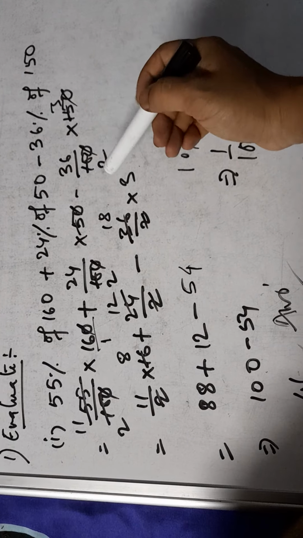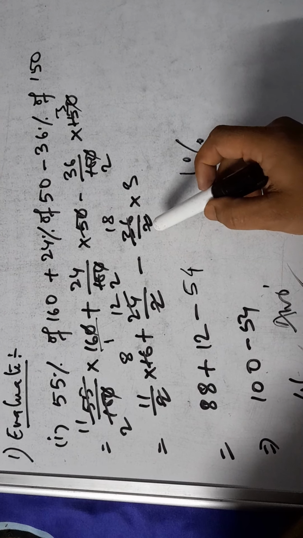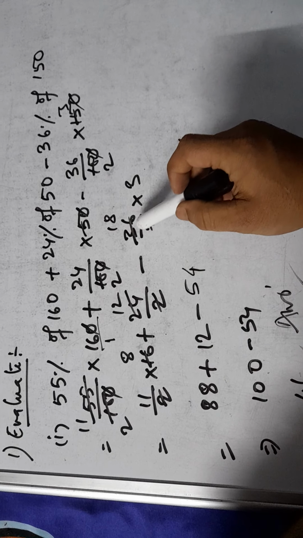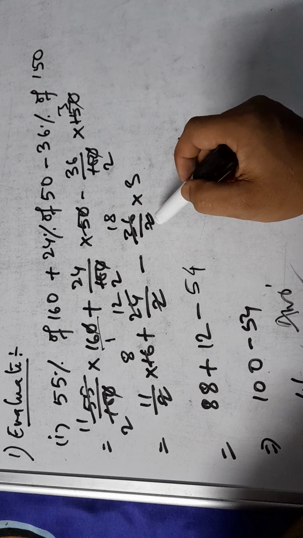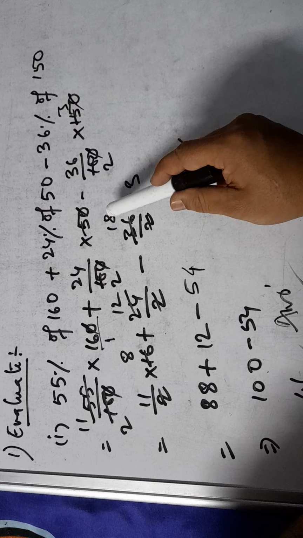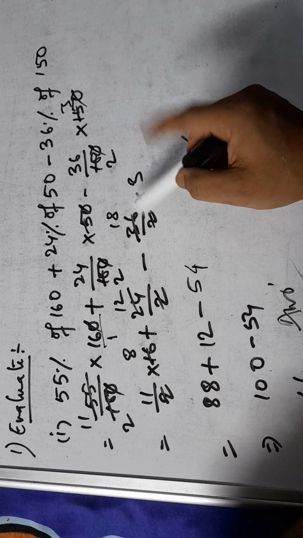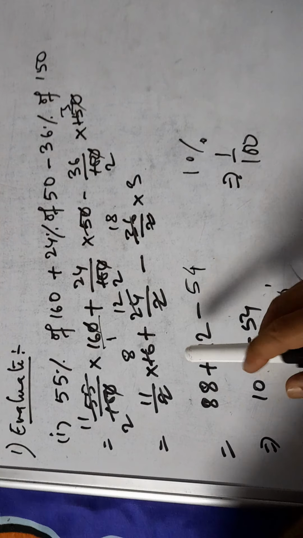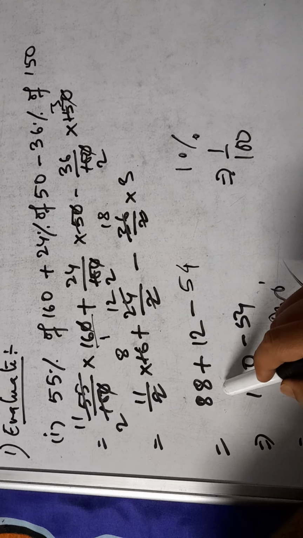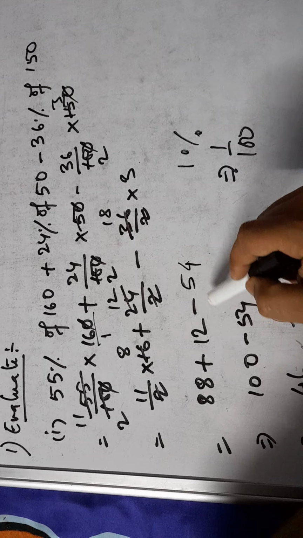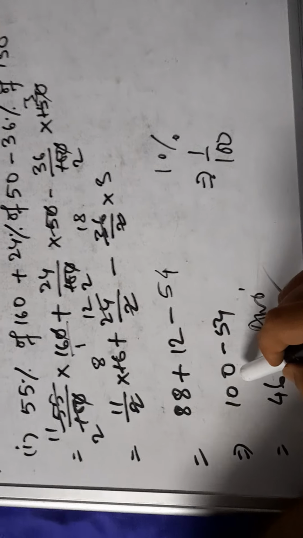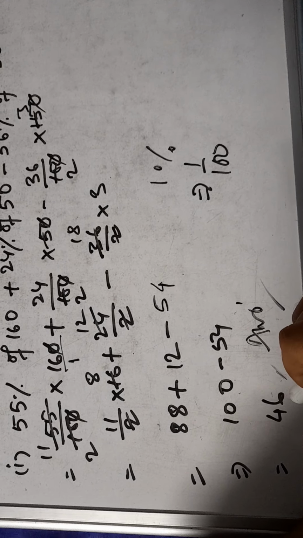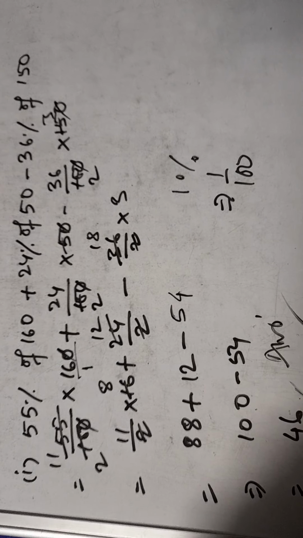So we got 36 by 2 into 3. Cancelling 36 by 2 gives 18, 2 8s are 16. Now 11 into 8 is 88, plus 12, minus 54. 100 minus 54 becomes easier after subtraction: 46. So this is your first solution.